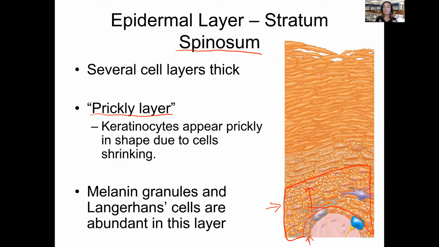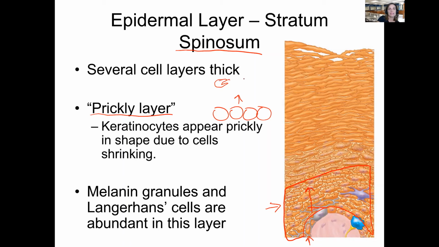But all of the cells that are in your skin in the epidermis are connected to each other. So what happens is they start out big and plump, right? I didn't really put that in the right spot, did I? They start out big and plump. And as they move towards the surface and they get smaller, they're still connected to each other.